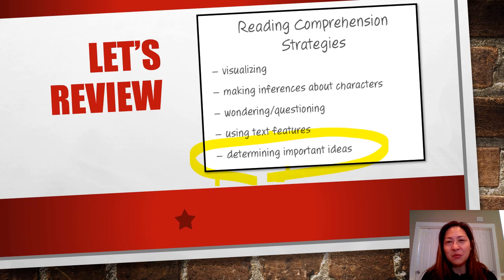So if we review some of the reading strategies that we've gone through over this year, we have visualizing, making inferences about the character, wondering and questioning, using text features, and determining important ideas. I just wanted to go over that so you know that those are some of the things that you can do while you are reading during your day.